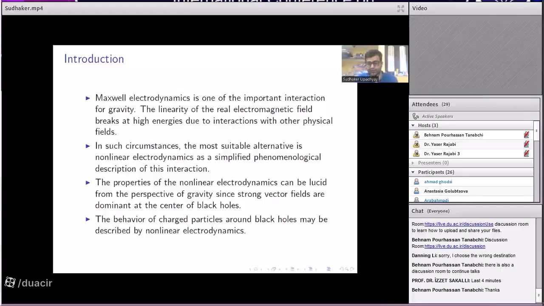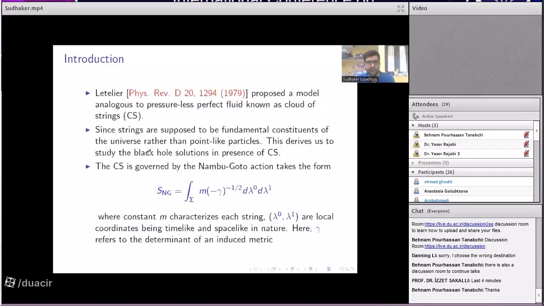Okay, and now we come to another source term, first proposed by Letelier in 1979, the cloud of strings. That is a model analogous to a pressureless perfect fluid. The cloud of strings is also considered as a source term in the background of a black hole, because strings are the fundamental constituents of the universe rather than point-like particles.